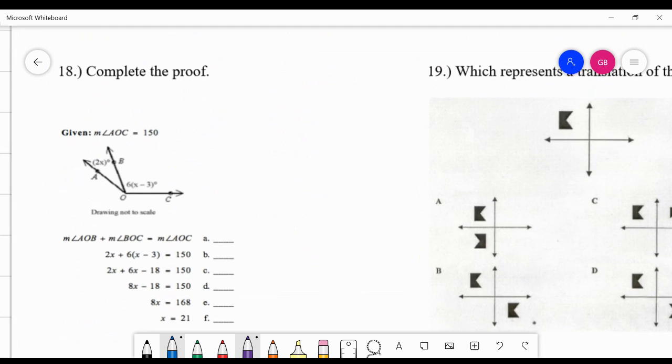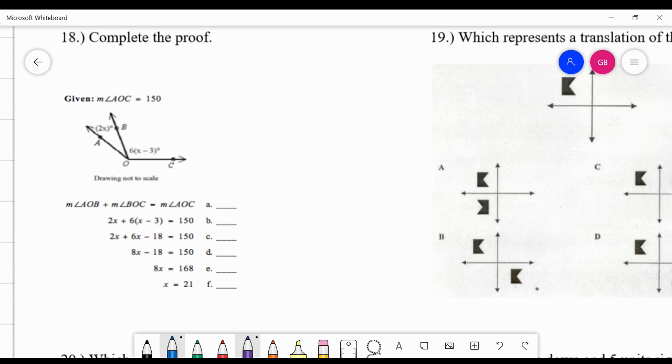Okay, number 18, we're going to complete the proof. We're given that the measure of AOC is equal to 150. So AOB, so this little angle here, plus BOC, this other angle over here, is equal to the measure of AOC, the big angle.